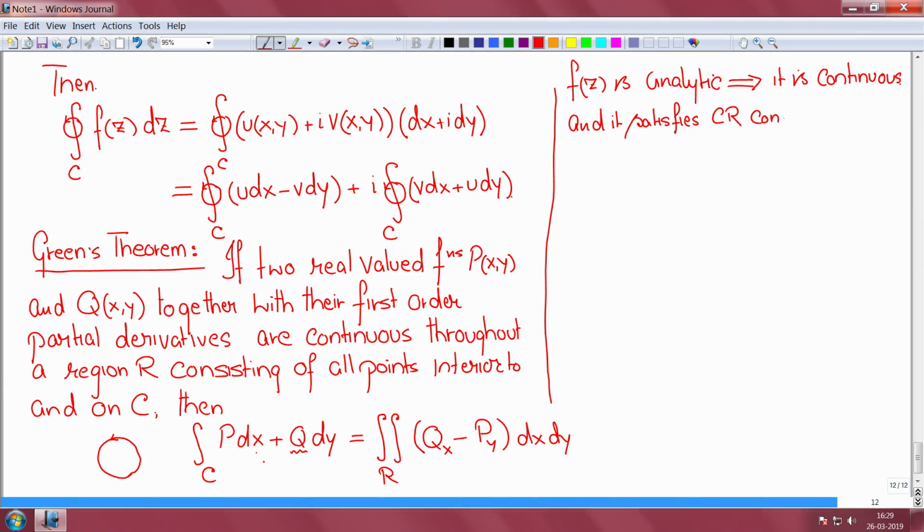Remember, these are necessary conditions, or CR equations.